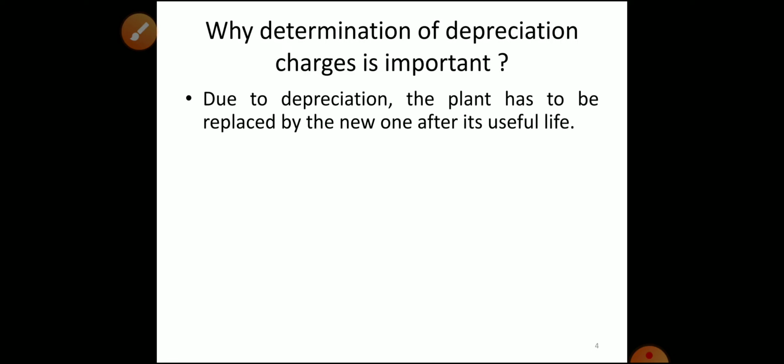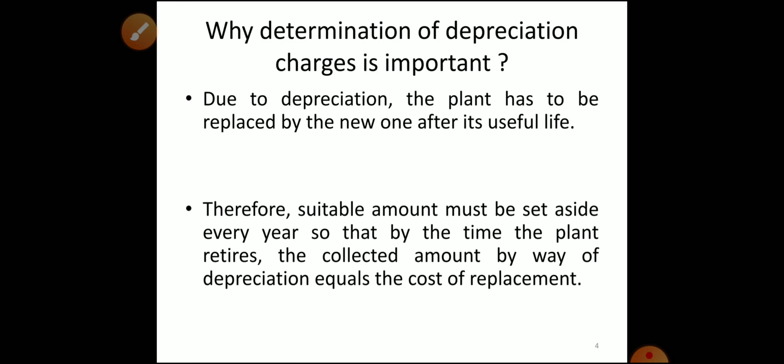In a similar way, the value of the power plant also decreases, and at the end of its useful life, let us say 30 years, 40 years, we have to replace the old existing power plant with a new power plant. So we have to collect some amount every year, and this amount so collected at the end of the useful life of the power plant, we can use to construct the new power plant. That is the concept of depreciation charges.